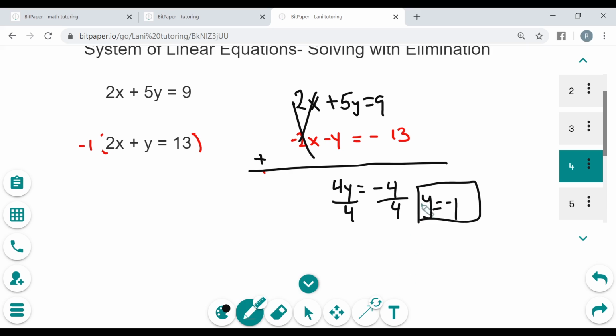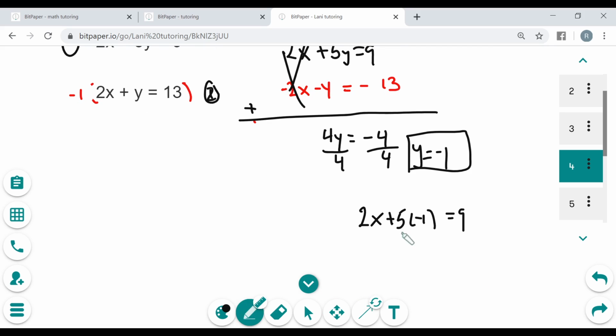Now what we have to do is plug this back into one of the original equations. Remember, the original equations are equation 1 or equation 2, prior to the sign change. I'm going to plug it into equation 1. So I have 2x plus 5 times -1 equals 9.